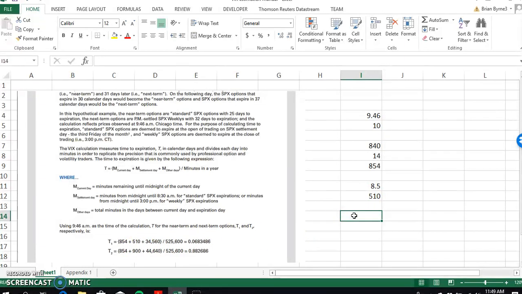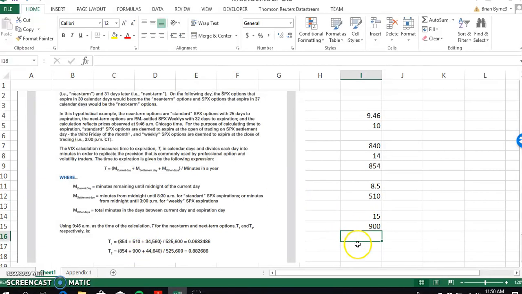If we take 3 p.m. in the afternoon, then 3 plus 12 is 15, so that's 15 hours have passed. We take 15 and multiply by 60 minutes in the hour, and that gives us 900. So that's where the 900 is appearing here.